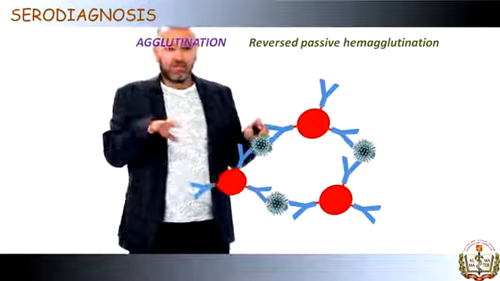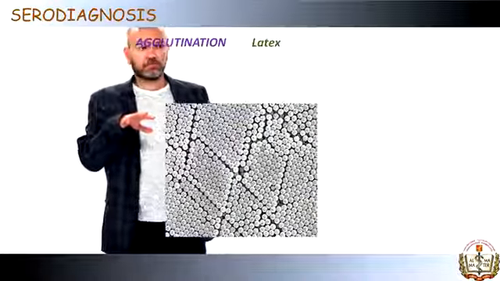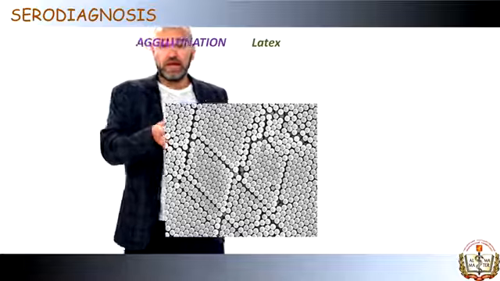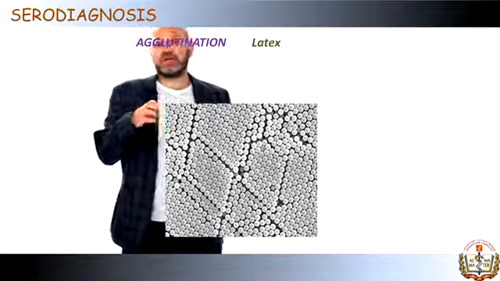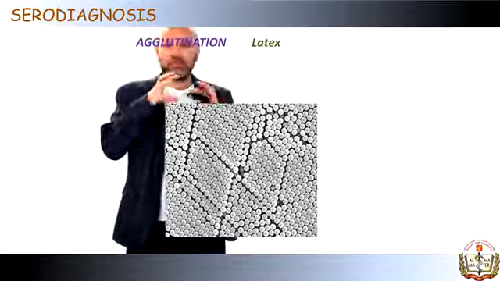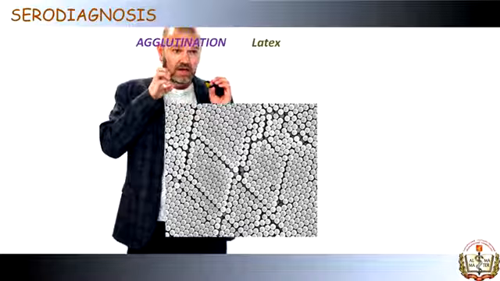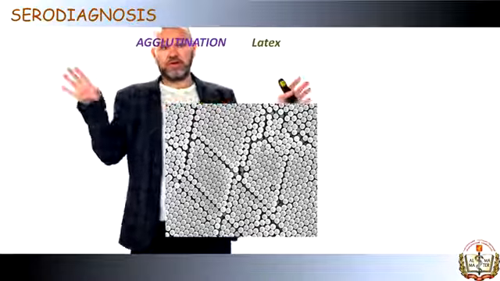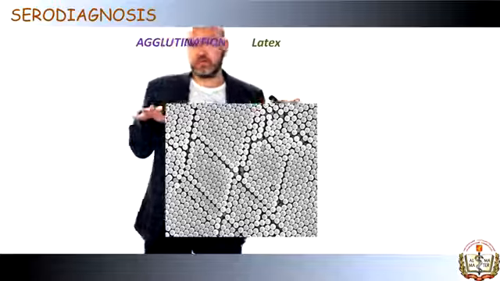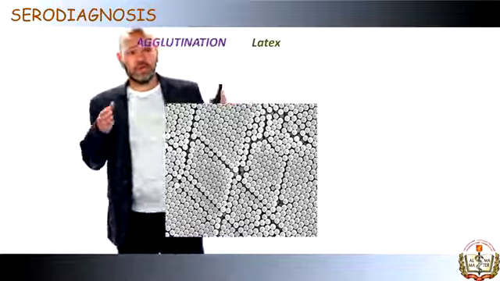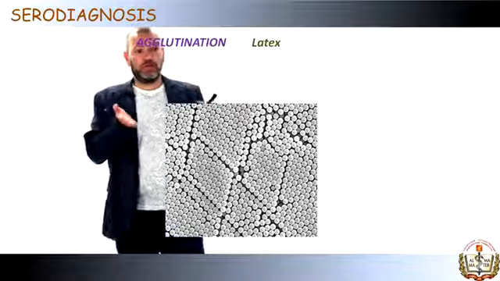And we have another thing. We have latex. Latex particles are synthesized artificially. They are uniform in size. They naturally contain no antigens. They are absolutely inert in immunology. And of course, they are much more stable. It's much easier to store them.